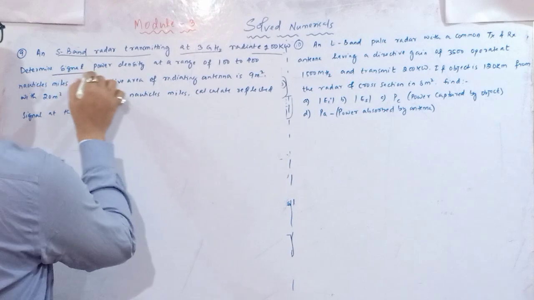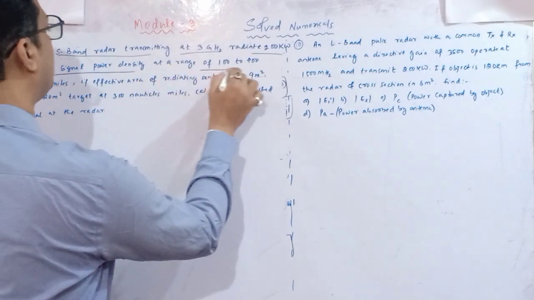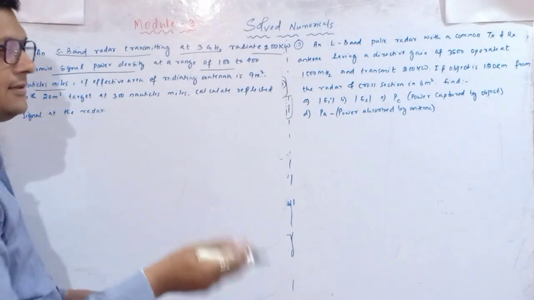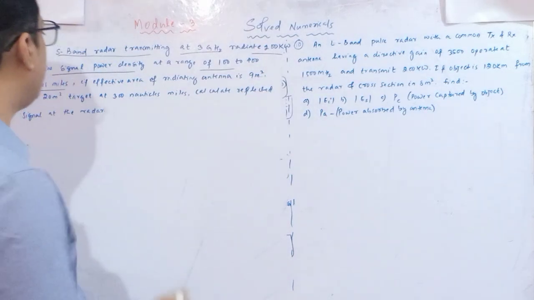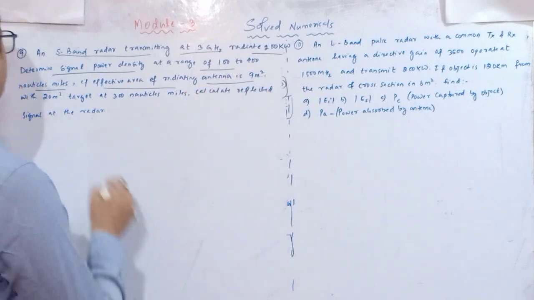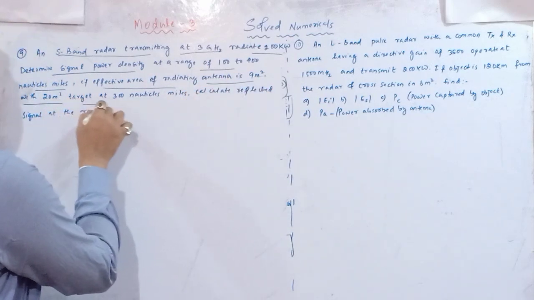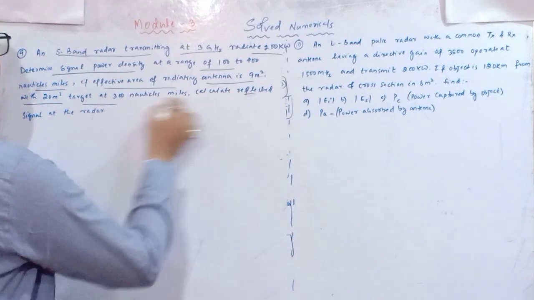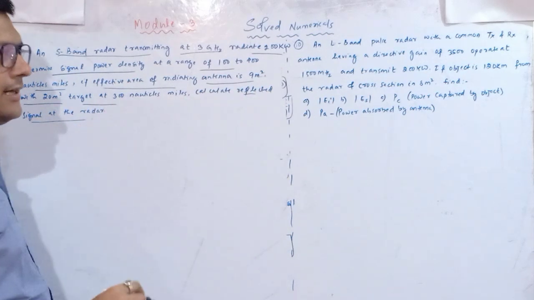We have to determine the signal power density at a range of 100 to 400 nautical miles, means distance is given in nautical miles. And if the effective area of the radiating antenna is 9 meters square with a 20 meters square target at 300 nautical miles, calculate the reflected signal at the radar.